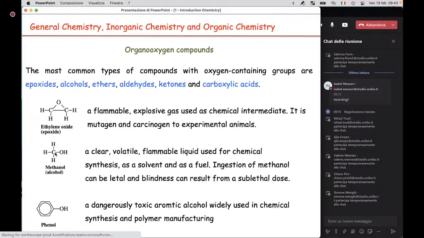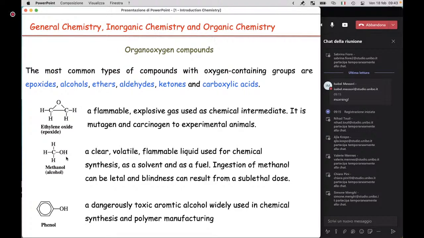But we have seen also the possibility of an alcohol, which contains the OH group. We've seen that, of course, epoxides are really reactive and toxic. Alcohols are also toxic, less toxic than epoxides, but they are also toxic.